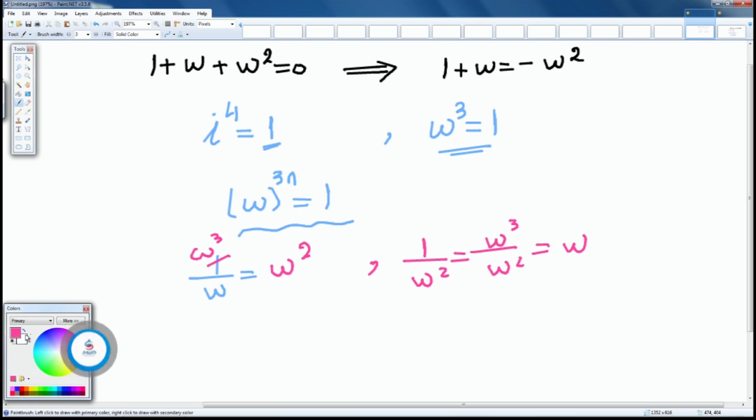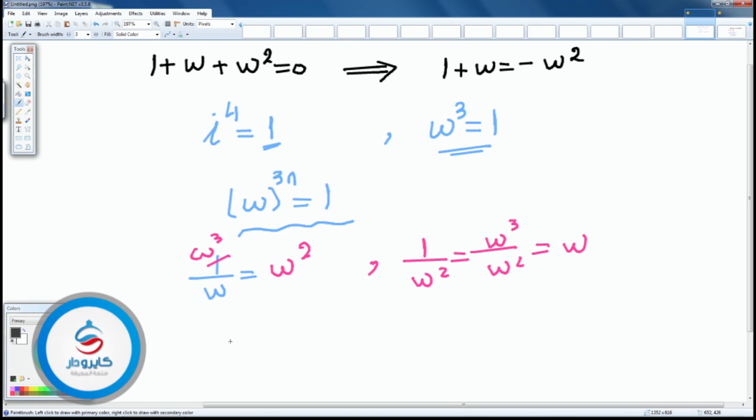Also, we have two important parts. First, what is omega and what is omega square?